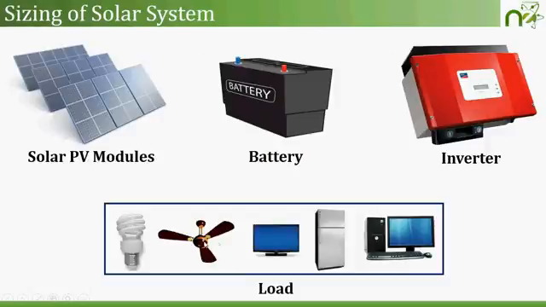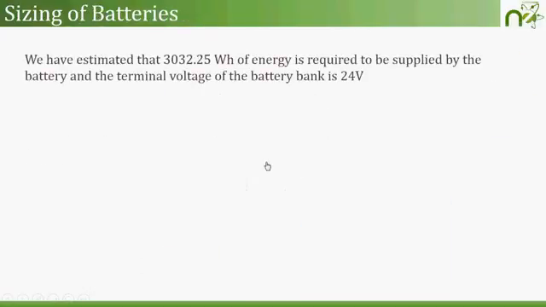So now we have calculated the load estimation. So now let's talk about how to size the battery. Sizing of battery. We have estimated our normal energy consumption is 3032.25 watt hours at 24 volt.